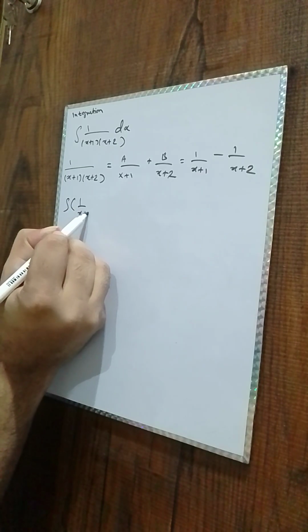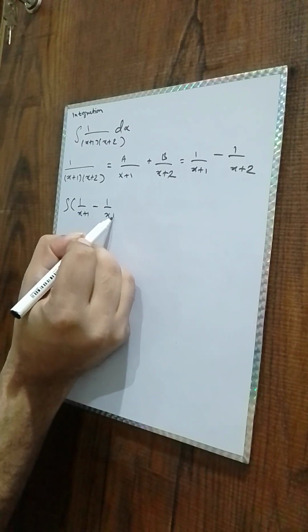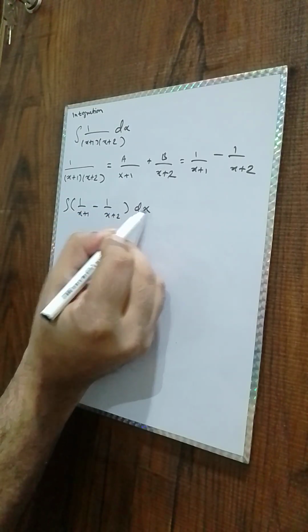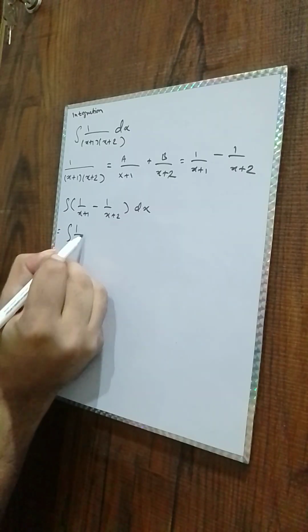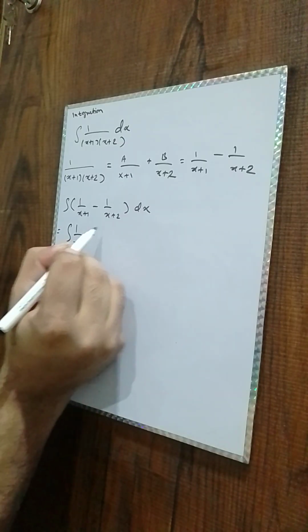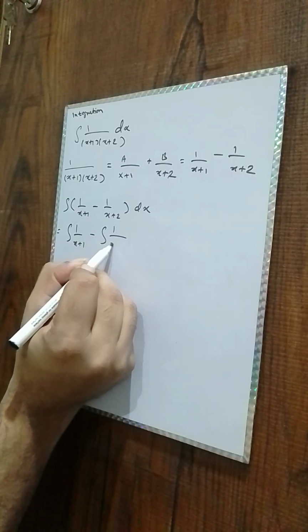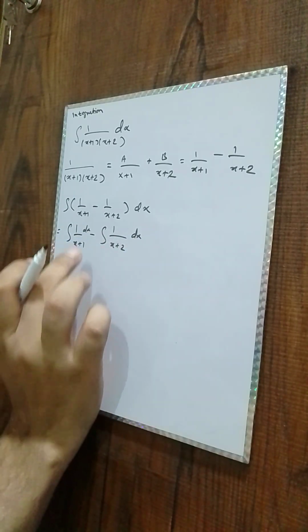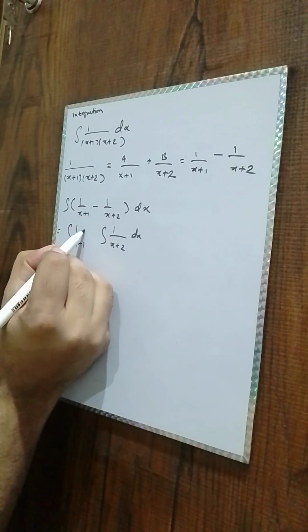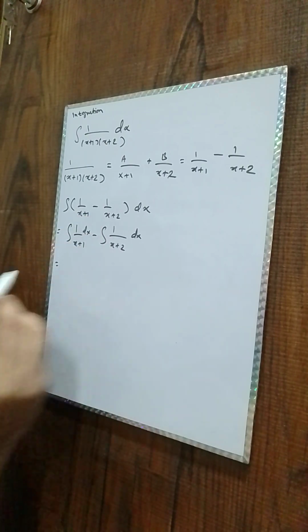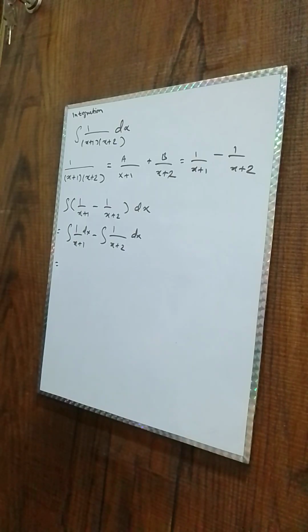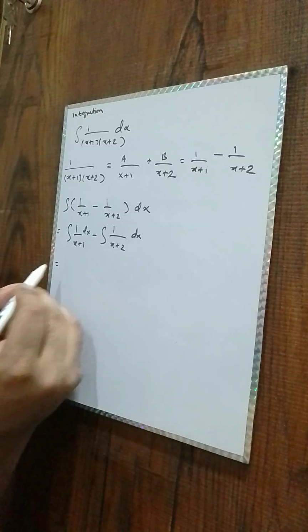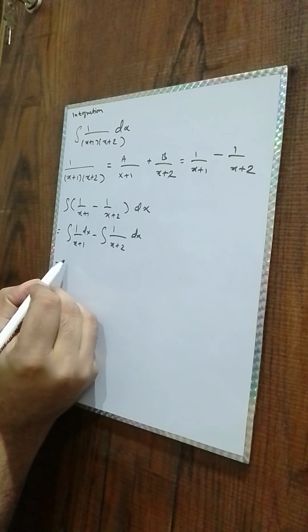1 by x plus 1 minus 1 by x plus 2. So how do we integrate it? From the basics of integration, what we know is that the integral of 1 by x is natural log of x.